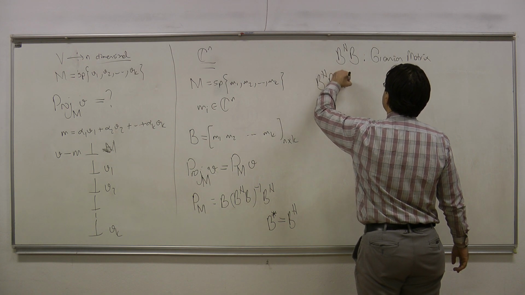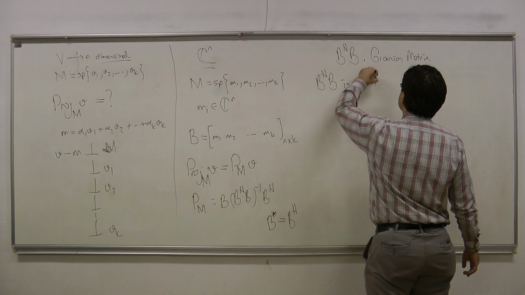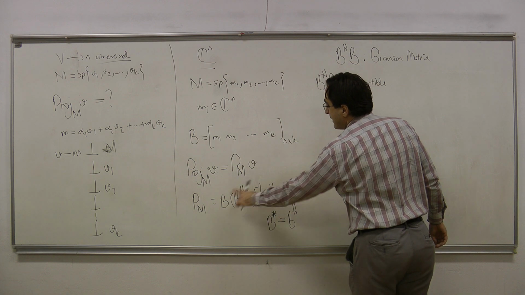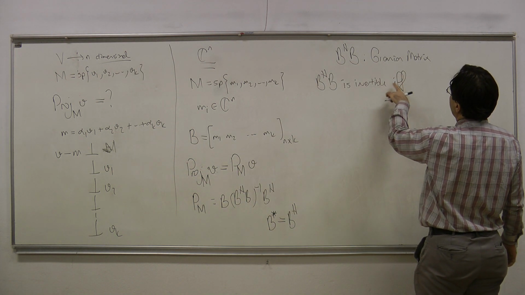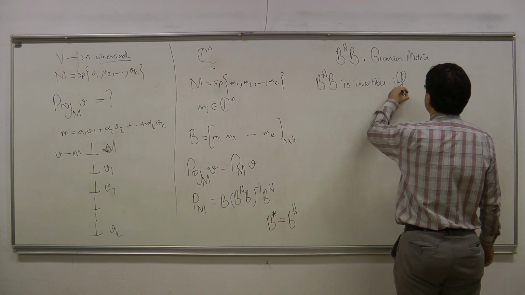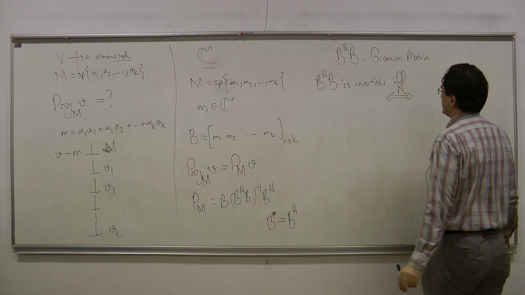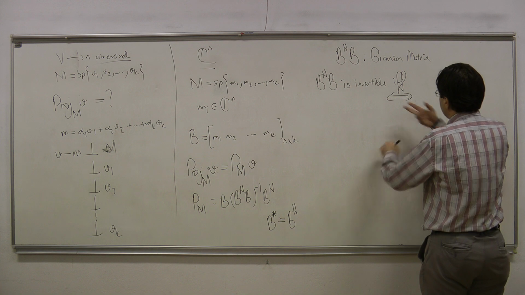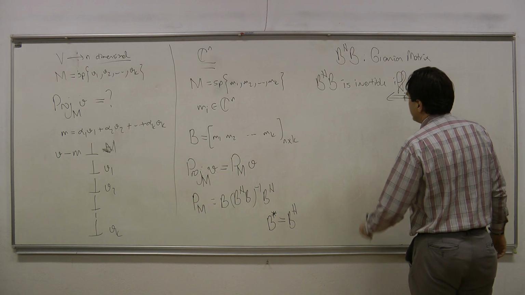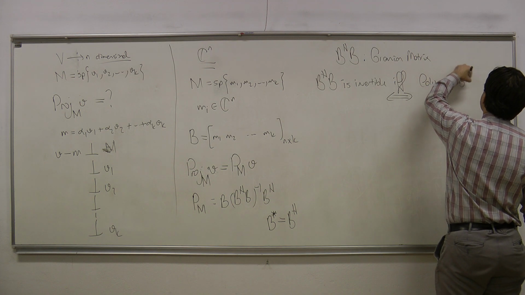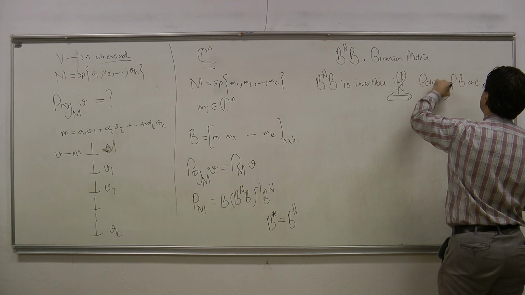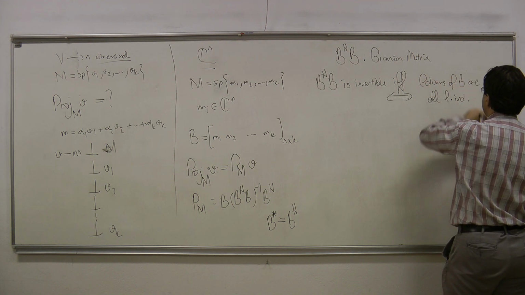B Hermitian B is invertible. So this formula is valid if and only if, and this is IFF, it means if and only if. I can sometimes write just this thing. It is the same thing, double-sided implication. If and only if columns of B are all linearly independent.